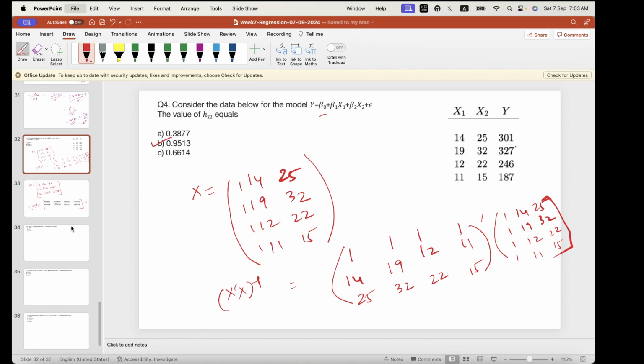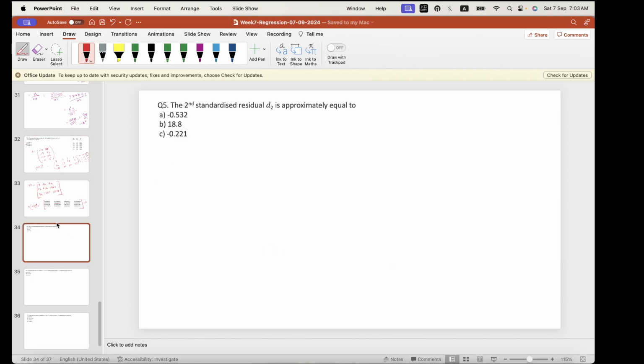Alright, moving on. The second standardized residual D2 is approximately equal to what? So D2 is actually E2 divided by root over MS residual.